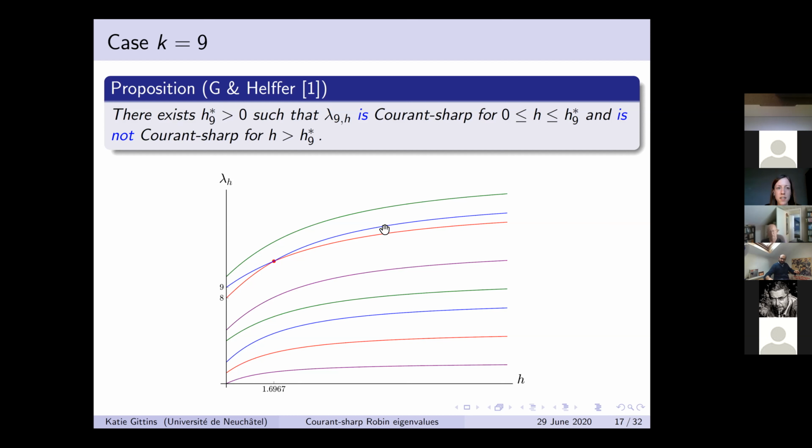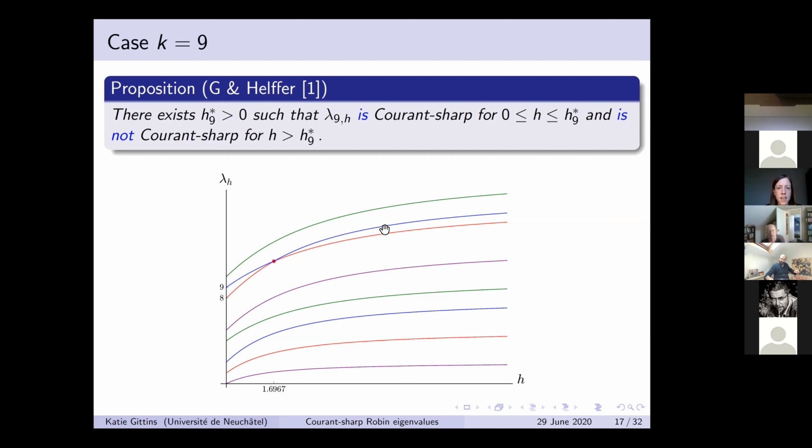Okay, so that deals at least with the case k is 9 for h positive, but we were still interested in k equals 5, and actually it would just be great if we could say something about in general what k's can be Courant-sharp. So you remember the Pleijel argument that we looked at earlier, where we applied Faber-Krahn to all of the nodal domains.